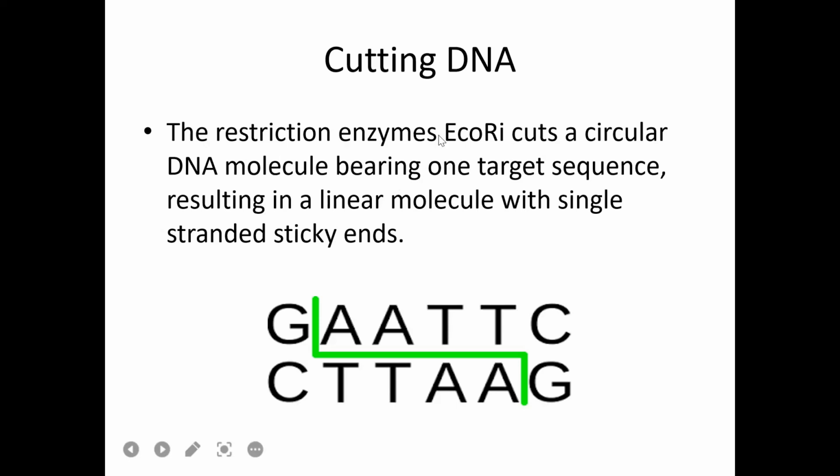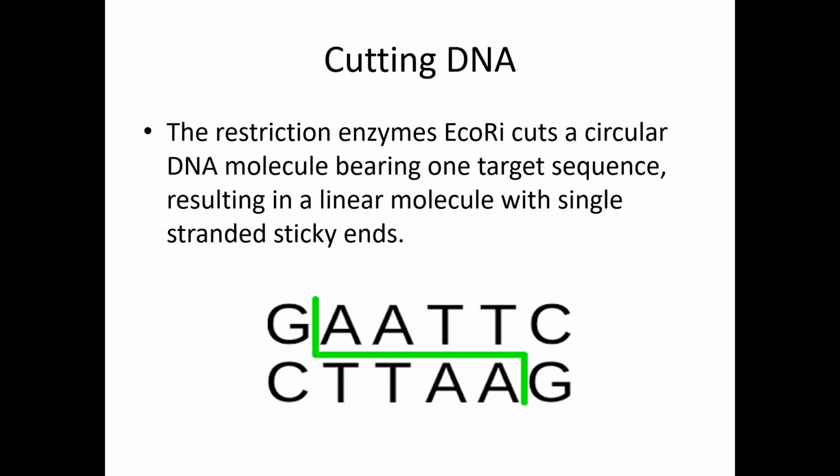The restriction enzyme of E. coli cuts a circular DNA molecule, or a plasmid, bearing one target sequence, whichever target we want, resulting in a linear molecule with single-stranded sticky ends. Only the restriction endonuclease cuts this part.